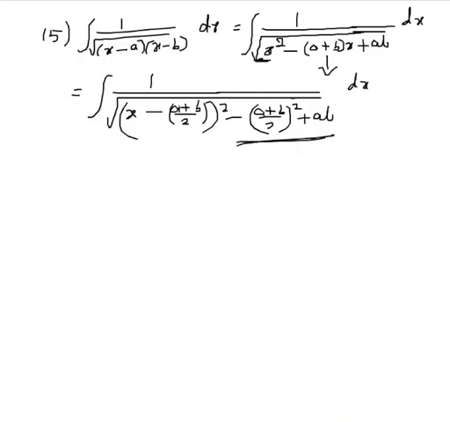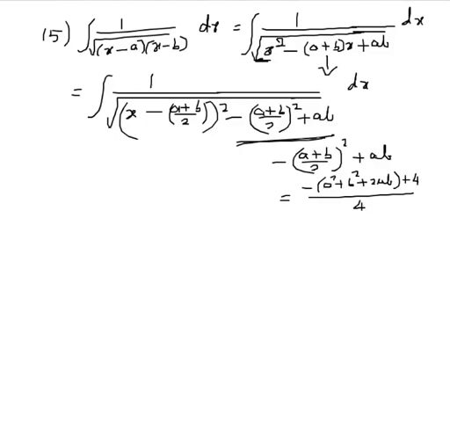Let us simplify this. Minus a plus b by 2 the whole square plus ab. LCM is 2 square, which is 4. Minus of a square plus b square plus 2ab and plus 4ab. Minus a square minus b square minus 2ab plus 4ab becomes plus 2ab divided by 4.